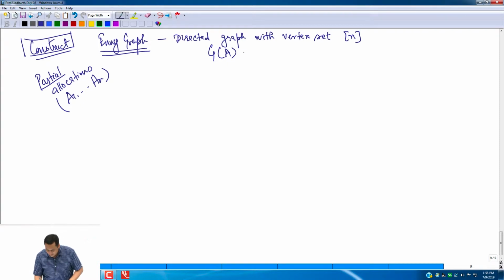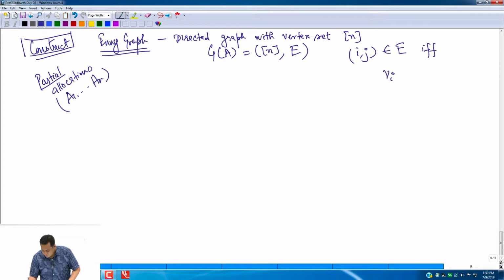So the graph has some vertex set, which is nothing but this, and I have a set of arcs, a set of directed edges. The point is that I look at an edge between two agents, two vertices i and j, and this is included in the edge set if and only if i envies j.